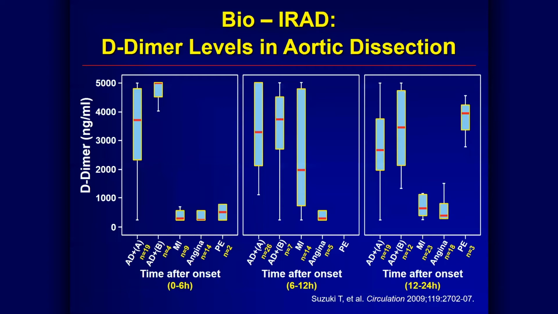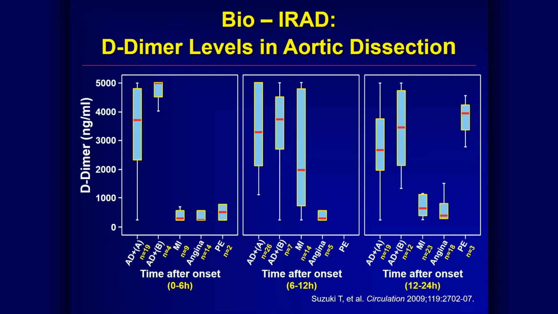If you ask the question, wouldn't it be nice to have a biomarker for acute aortic dissection? The answer is yeah, we have one already. D-dimer in study after study after study has shown to be a highly sensitive biomarker for dissection.